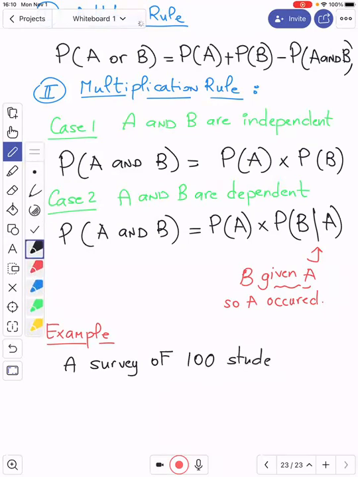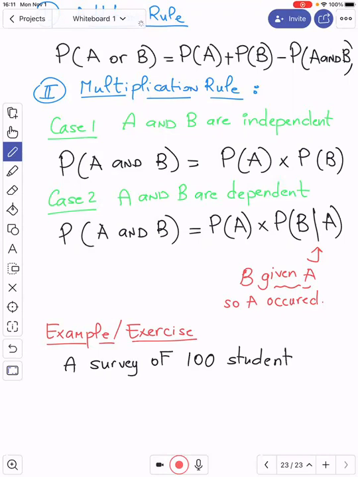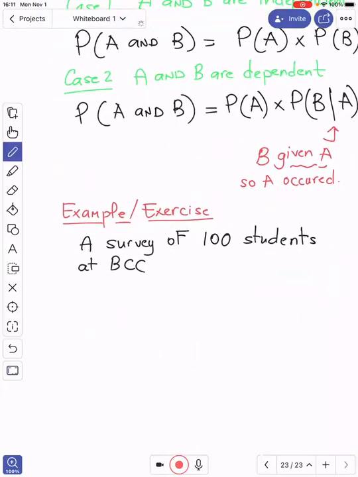This is an example exercise. We have the following results.